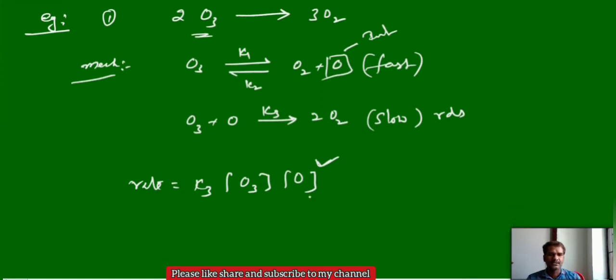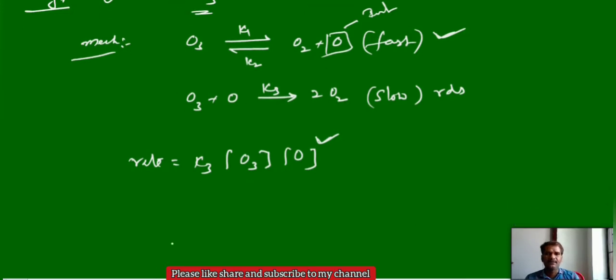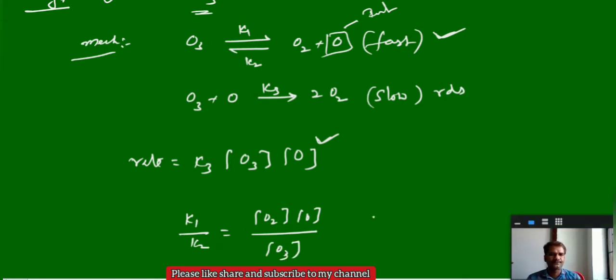You can remove the concentration of O by using the first equation, that is the equilibrium equation. So from the equilibrium equation, K1 by K2, the K equilibrium, is equal to concentration of O2 and concentration of O by concentration of O3, the ozone.